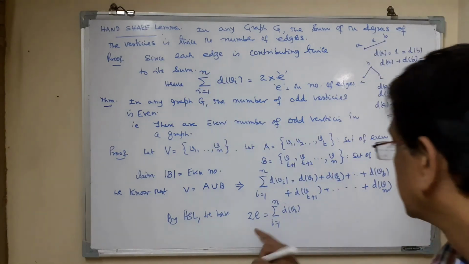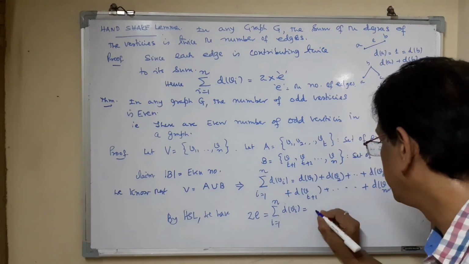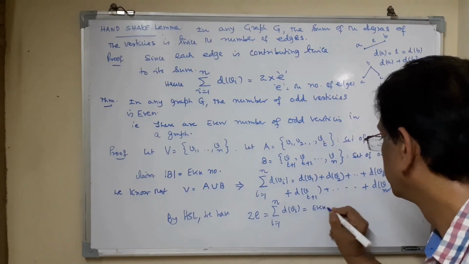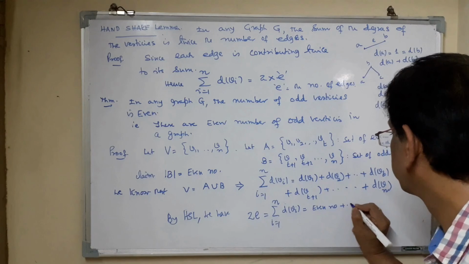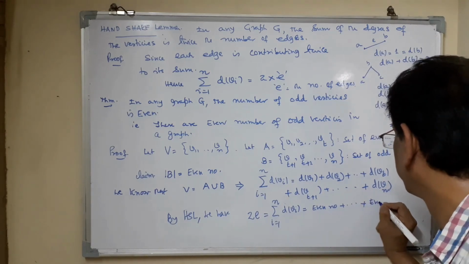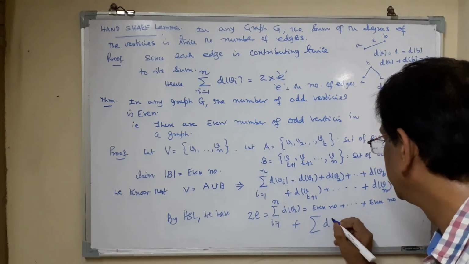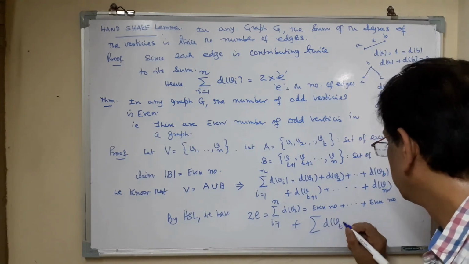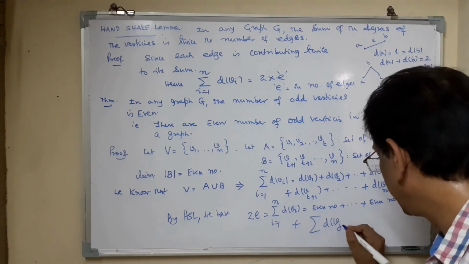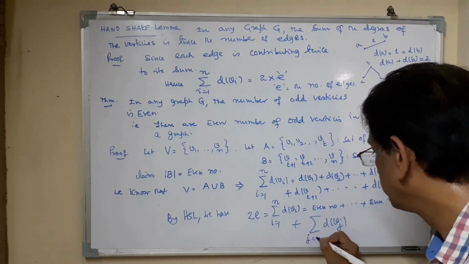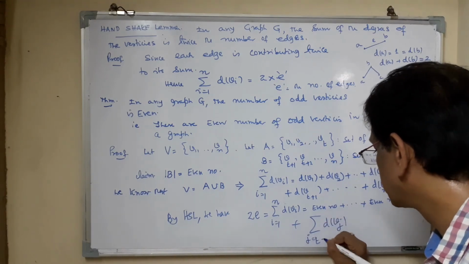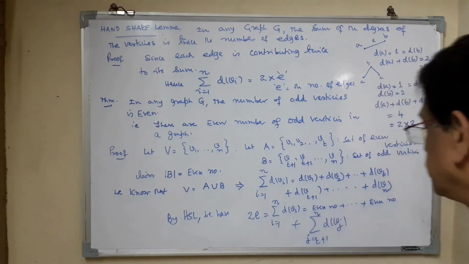So this is even, equal to d(v1), an even number, plus even number, plus, I'm writing simply d(vt), plus the sum of d(vj), j runs from t+1 to n.